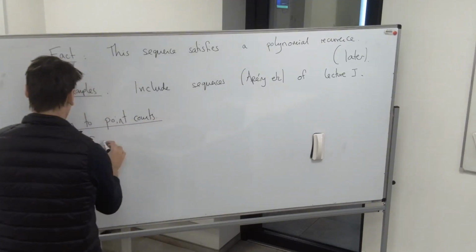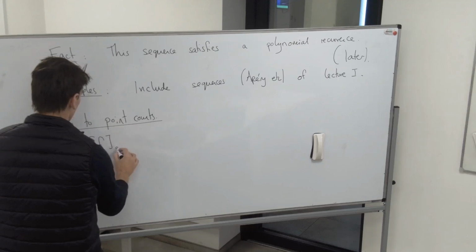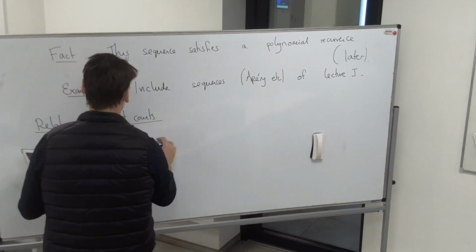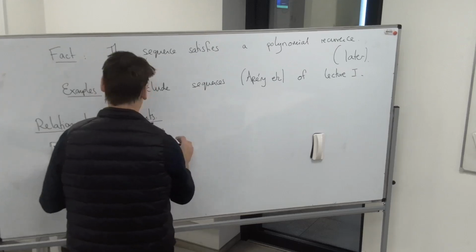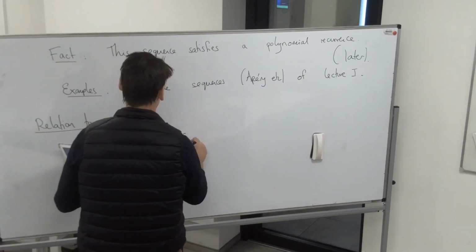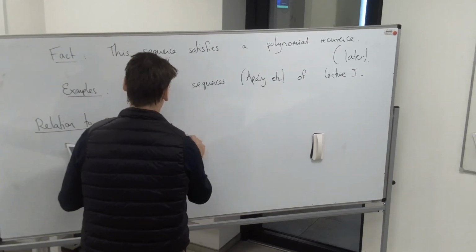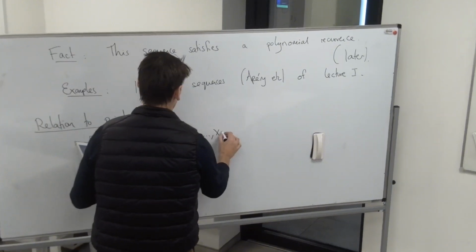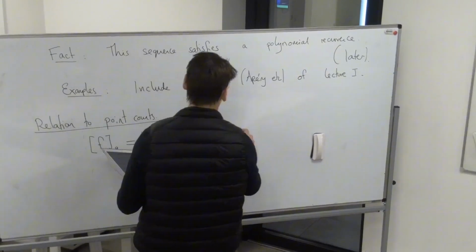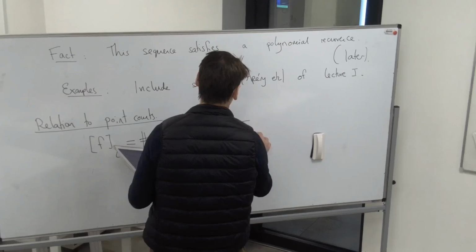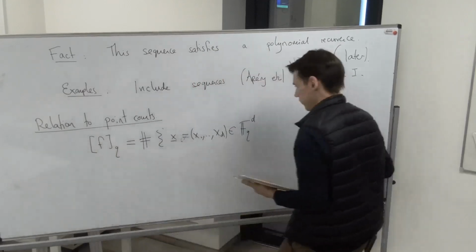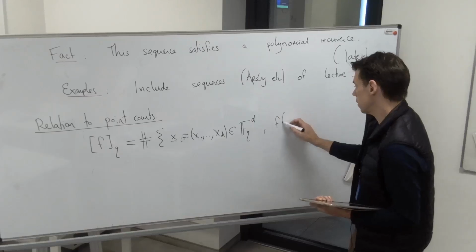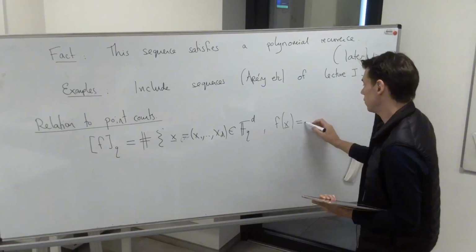So recall that I denoted F_q to be the number of points (x1, ..., xd) in F_q to the d, such that f of x is 0.